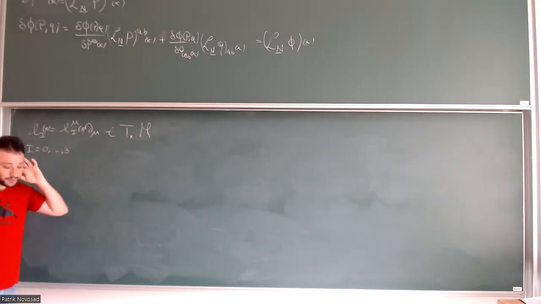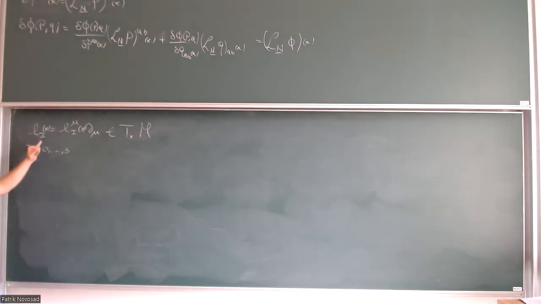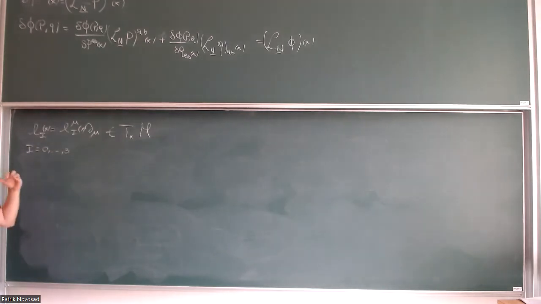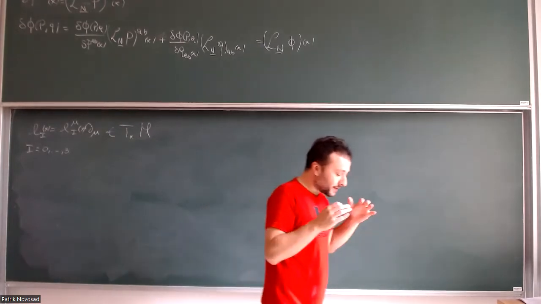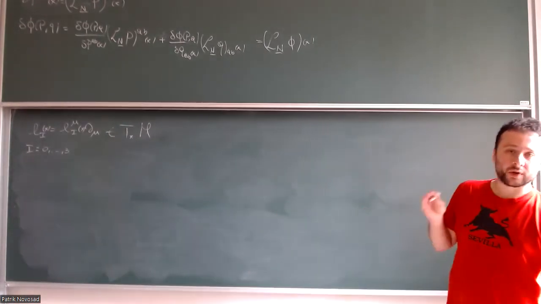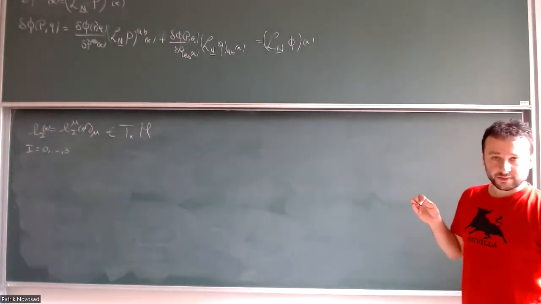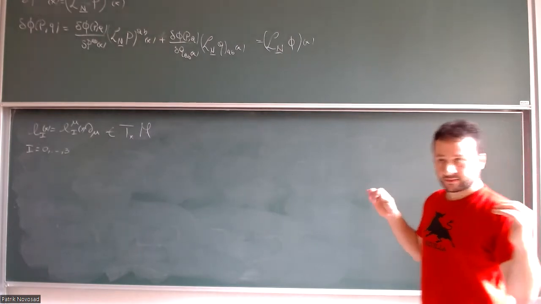So we have four vector fields, and actually these behave as vectors in R4, as Lorentz vectors.